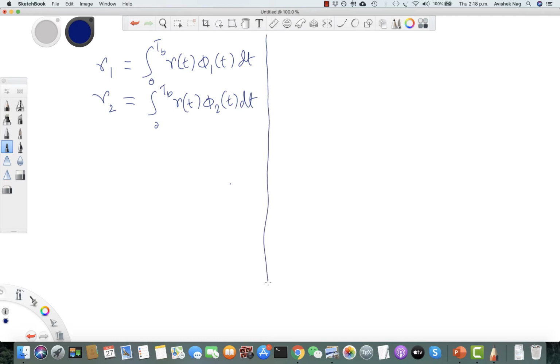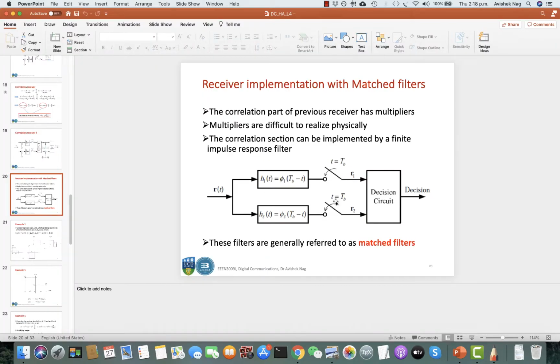Now let's draw a line and see on this side what is the output of the matched filter. If you look again, here the matched filter output is basically the convolution of this r(t) with h1(t). And then R1 is whatever that convolution is, sampled every Tb seconds.